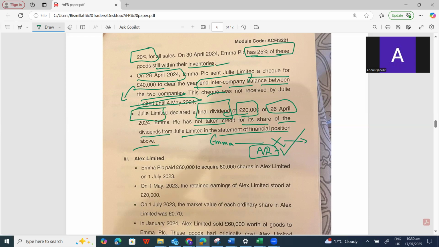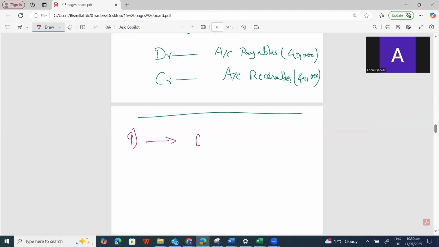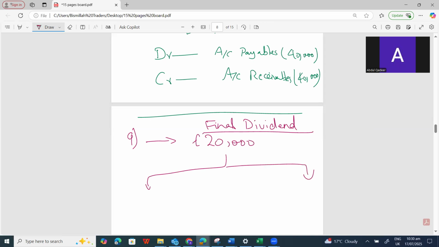Okay, what we will do, as you know, previously you have also done this type of transaction, final dividend declaration 20,000. So we need to apportion it in two parts.